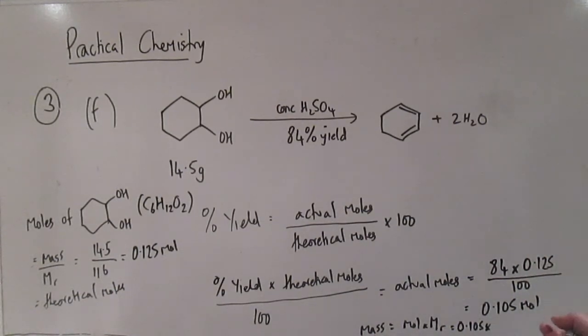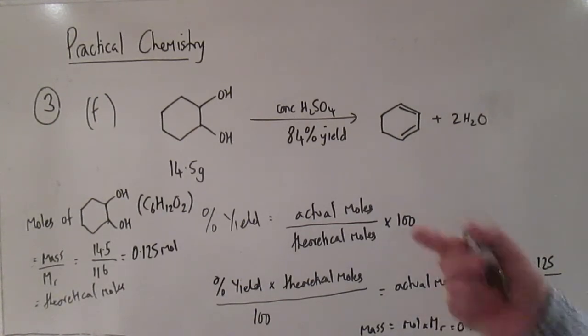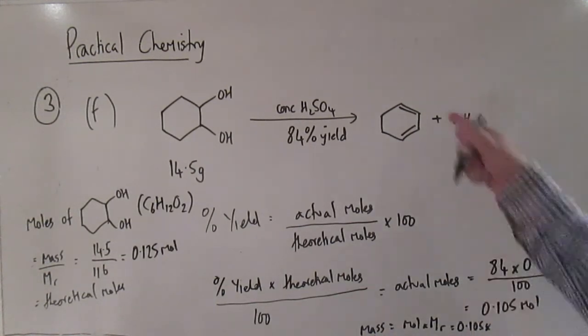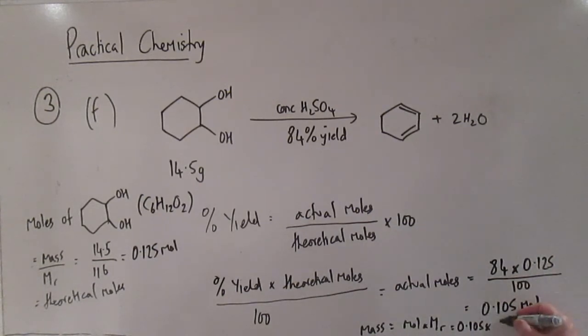So each water is 18, so we've lost 36 from that mass of 116, which means the MR is just 80 for this product. So it's 0.105 times 80, which comes out to be 8.4 grams, and that's your answer.